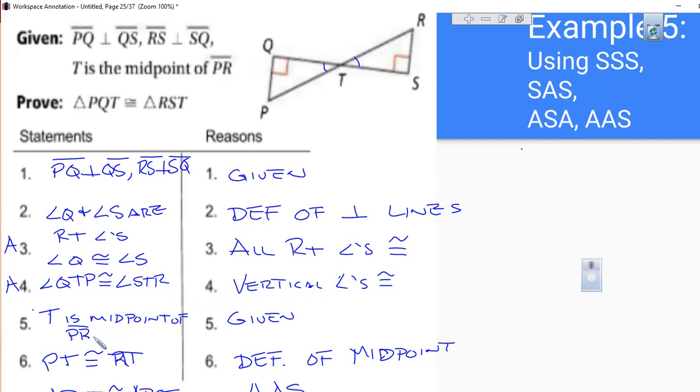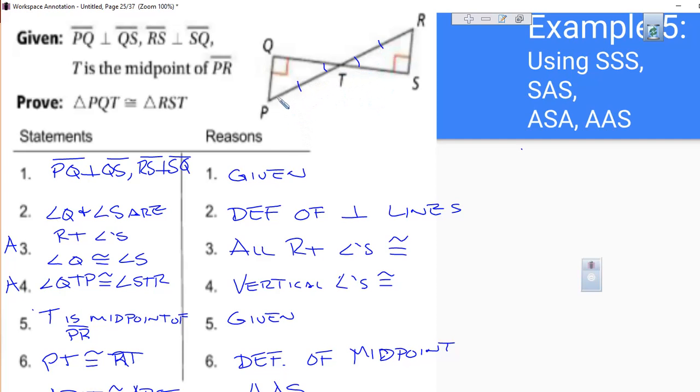T is the midpoint of PR, so we have to go back and write this. This is given. Now what it means to be the midpoint: if you're in the middle of something, you cut it in half and you'll have two equal halves. Well, if PR has been cut in half at T, if T is in the middle, it's cut PR in half, which means that this side is going to be congruent to this side, two equal halves.